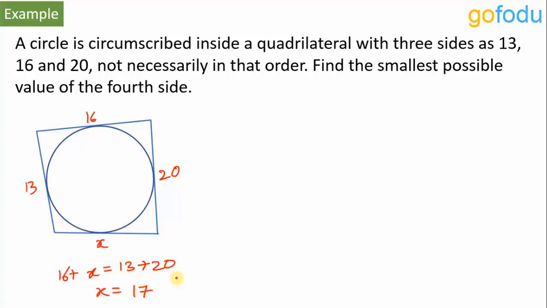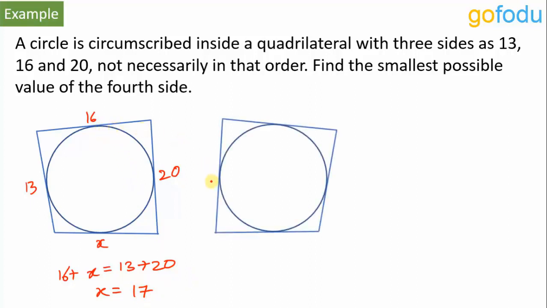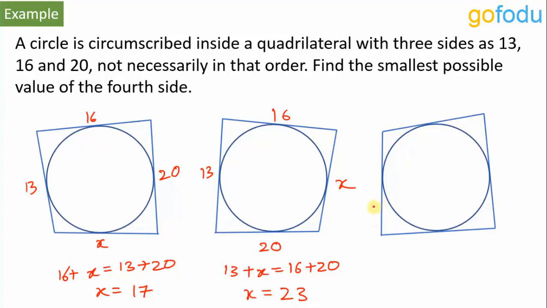Okay, here I kept the unknown side opposite to 16. I can very well keep it opposite to 13. Like this, 13, 16 and this is x, and opposite to 16 will be 20. So here 13 plus x will be equal to 16 plus 20 and x will come out to be 23, or I can keep the unknown side opposite to 20.